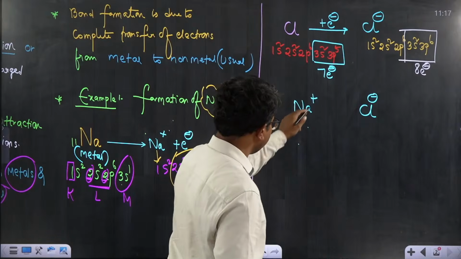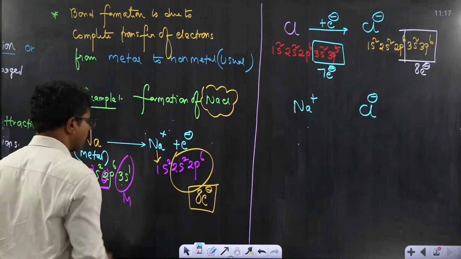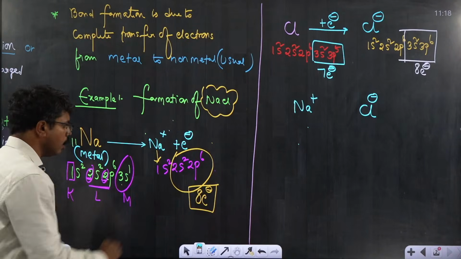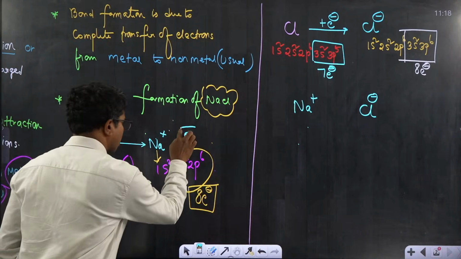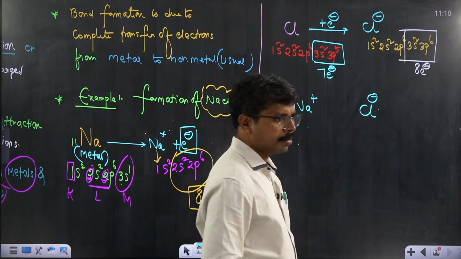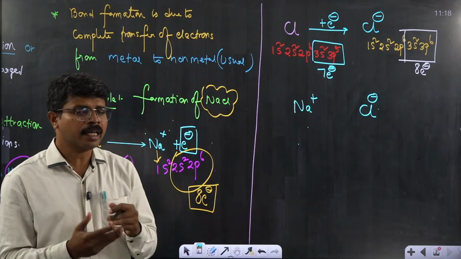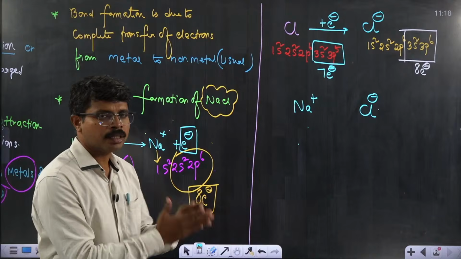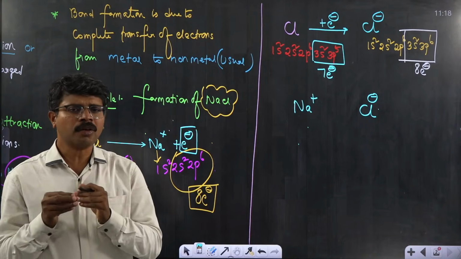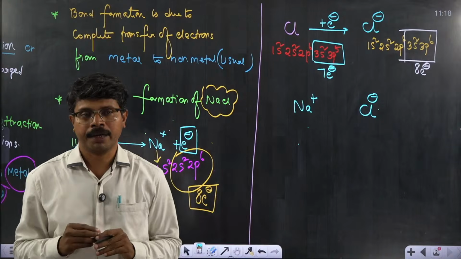How does Na plus formation take place? Sodium has to give out one electron. It is completely losing its electron. The electron lost by sodium is transferred to chlorine. Now chlorine becomes Cl minus by taking the electron given out by sodium. Therefore, the electron is transferred from sodium to chlorine.